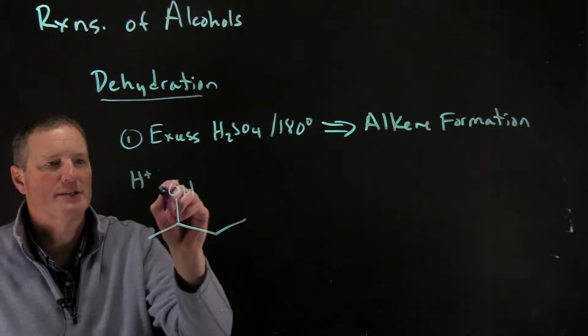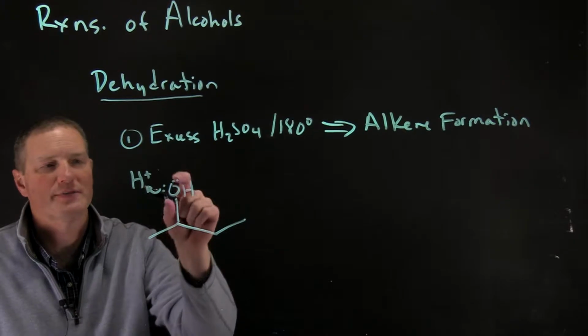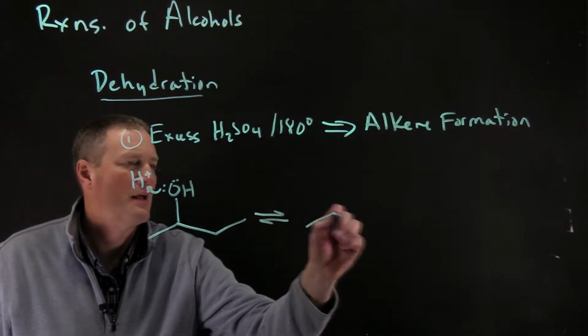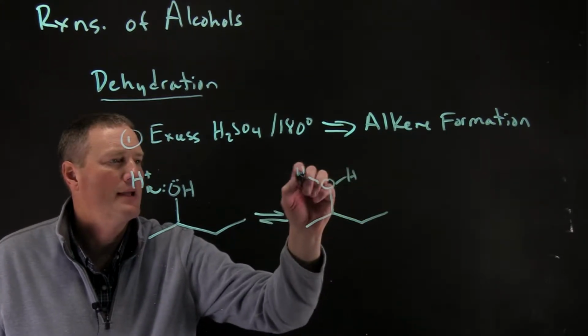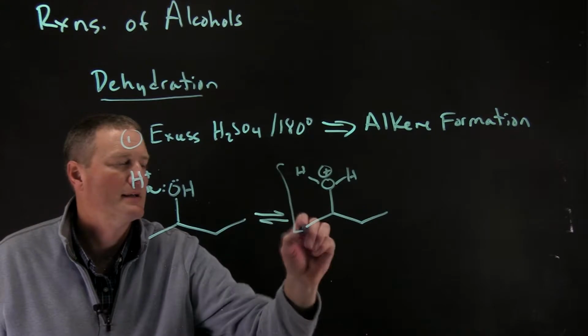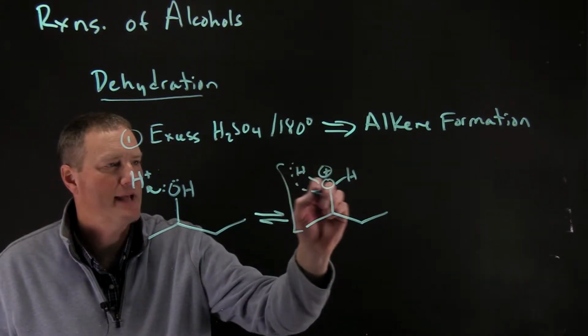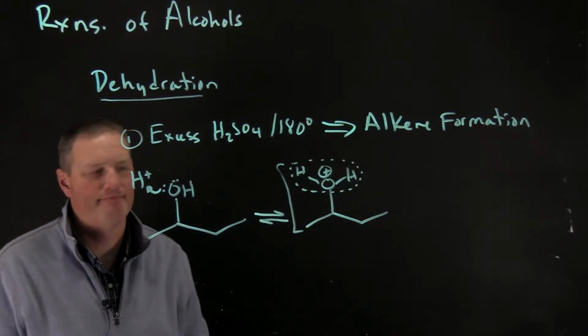So under these reaction conditions, what happens is the sulfuric acid is acting as an acid catalyst. And what it's going to do, it's going to initially protonate the alcohol. So the OH with its lone pairs of electrons picks up a proton. And we now get this intermediate that you'll notice has essentially what looks to be a water molecule sort of attached to our butane chain.